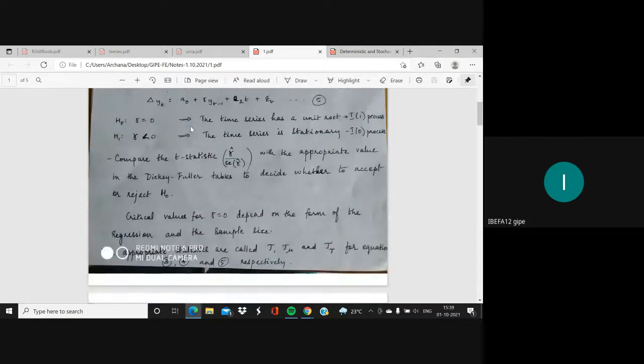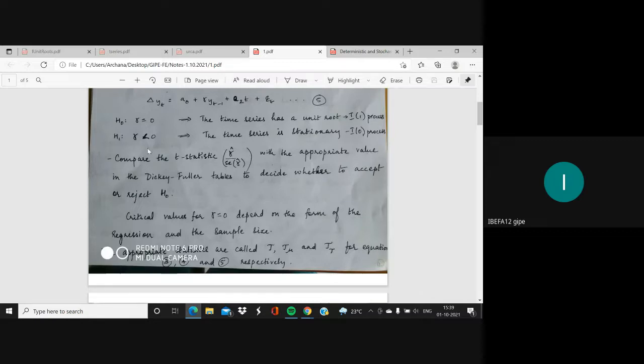Now the null hypothesis of this test is that gamma is equal to 0. So the null for the Dickey-Fuller test is that the time series is non-stationary, that it has a unit root, or that it's an I(1) process. Since the model is a first order autoregressive process, it's assuming that there's one unit root. That's why the null is that the time series is an I(1) process with one unit root.